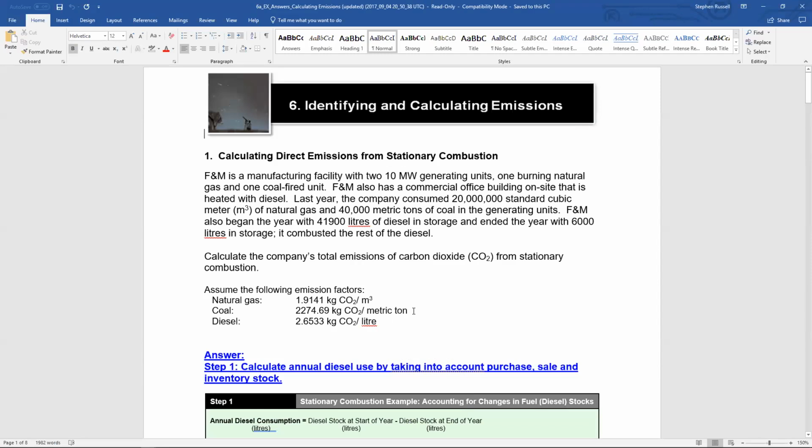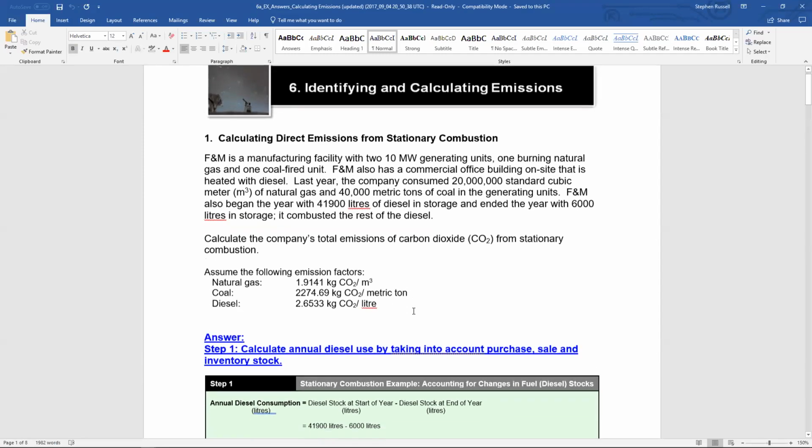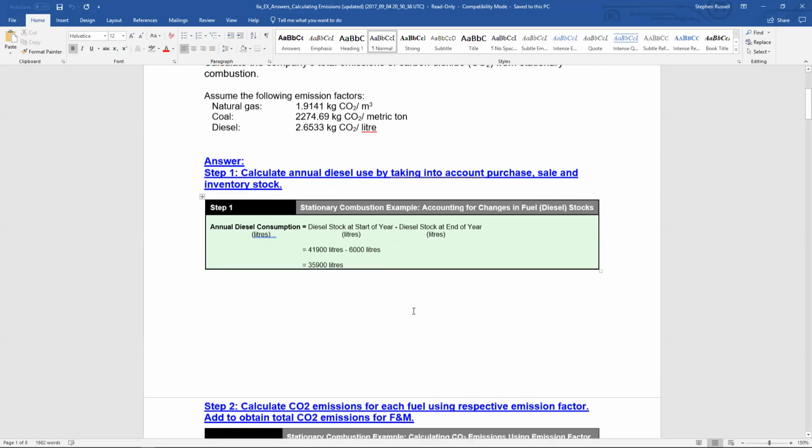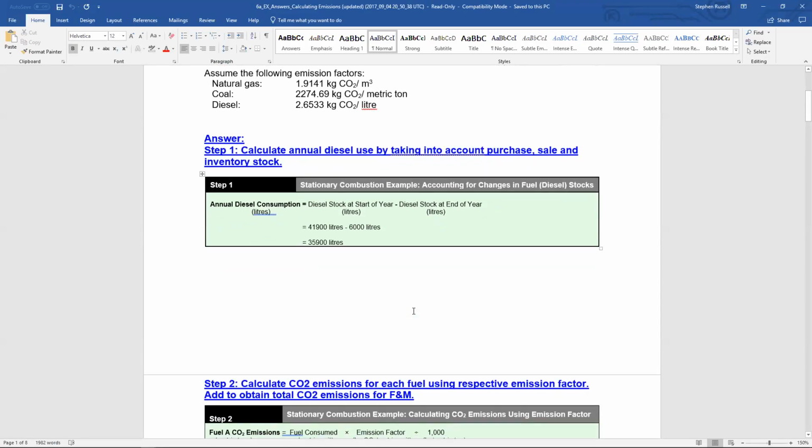Okay, let's take a look at the answers to question 1. The first step was to calculate annual diesel consumption, taking into account the volume of stock that existed at the beginning and the end of the year, and then inferring the amount of diesel that was consumed.